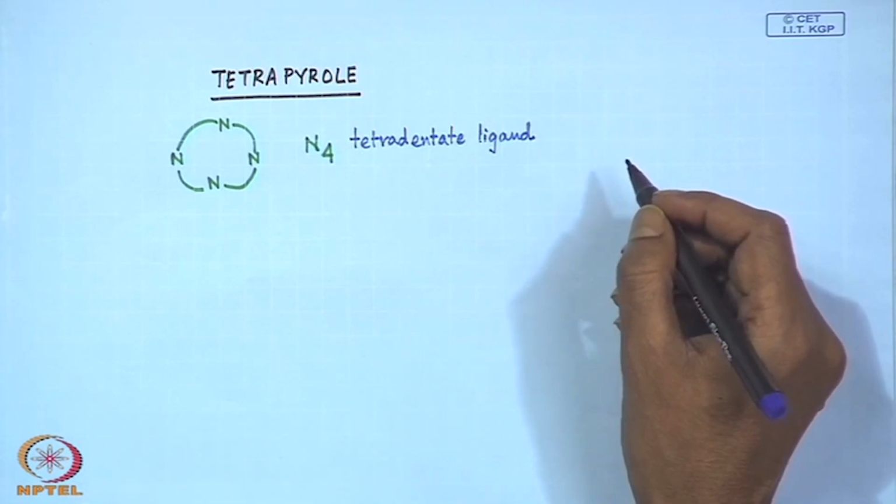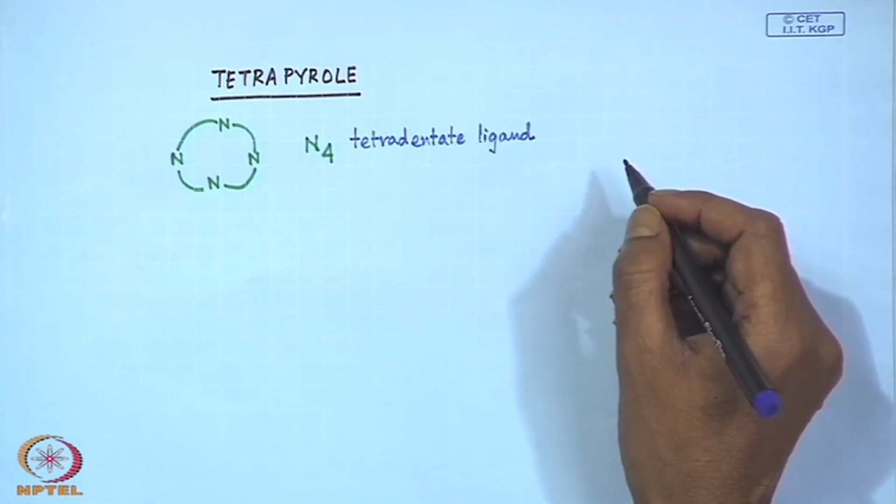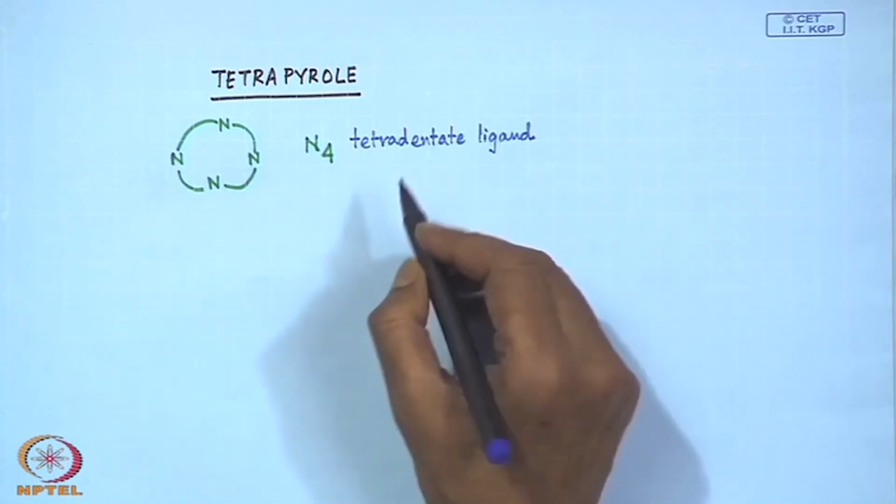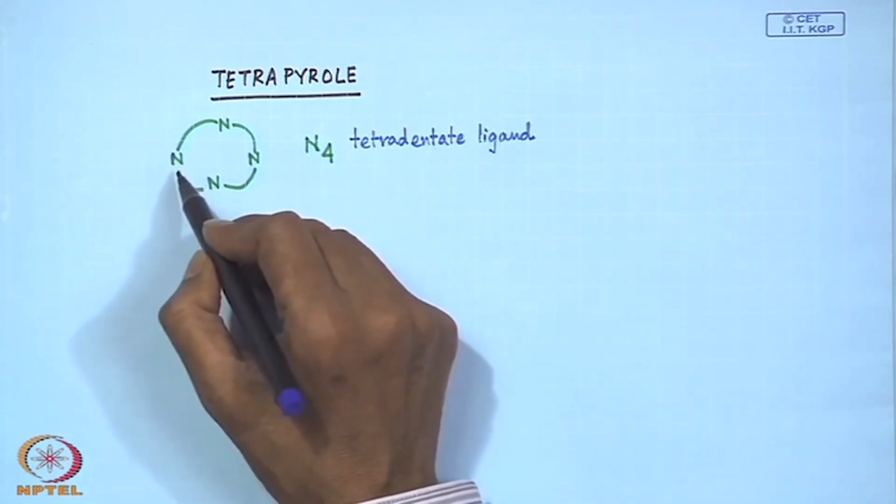So, this N4 tetradentate ligand system is suitably binding to the metal system in a planar arrangement.